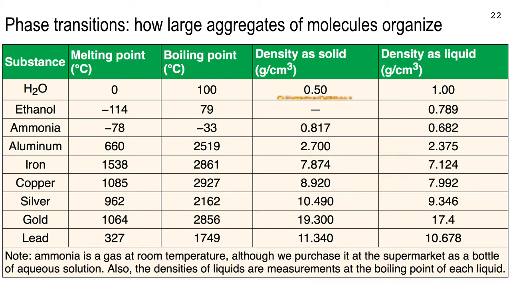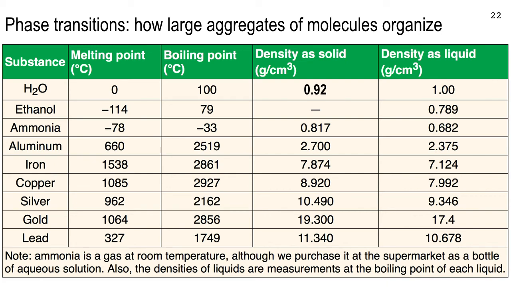The density of H2O as a solid should be 0.92. I was thinking of the specific heat, 0.50, when I typed this, I guess. Anyways, go ahead and correct that. Make a note of that for your notes.